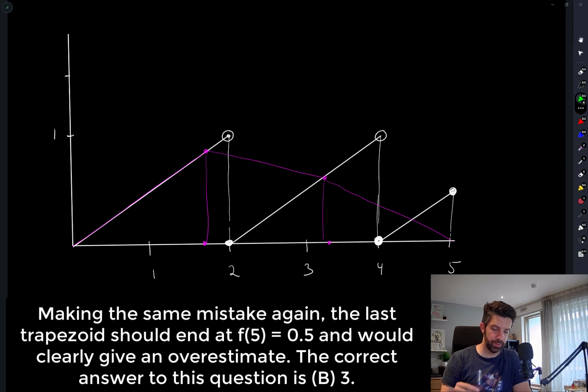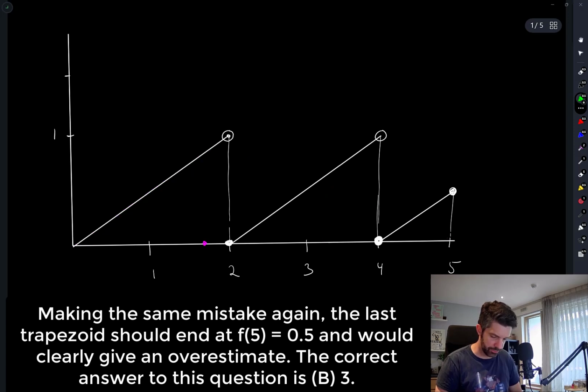Maybe it's worth actually computing the integral and then computing what the rule gives us for each of these numbers of subdivisions. Yeah, let me do that rather than just trying to visually estimate all this stuff.